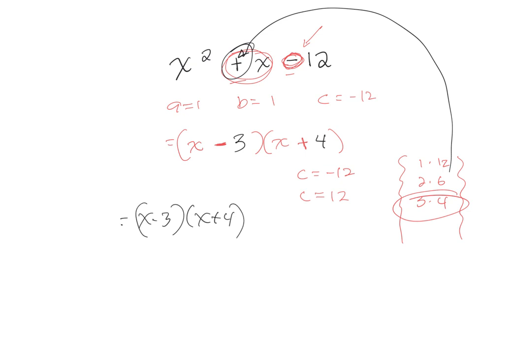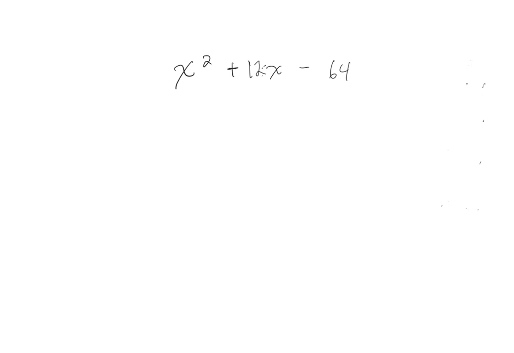Okay, let's take a look at this one. Now for this one, we have x squared plus 12x minus 64. And you know the steps. a is equal to 1, b is equal to 12, c is equal to -64. a is equal to 1, so it's parentheses x times parentheses x.